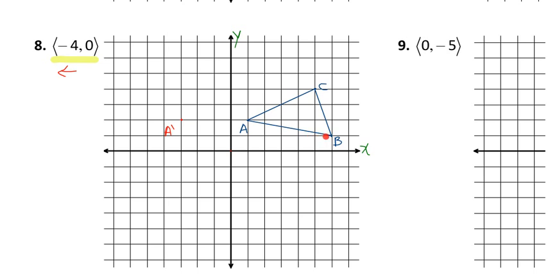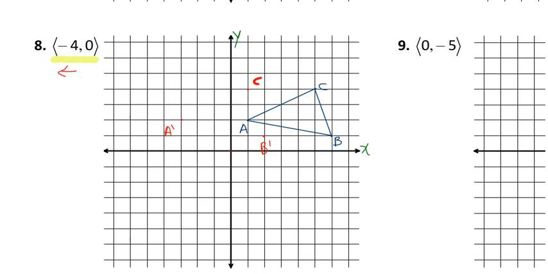That's 1, 2, 3, 4 right here. More or less over there. This is going to be B prime. And C, 4 units to the left. 1, 2, 3, 4. It's right here. Right there.